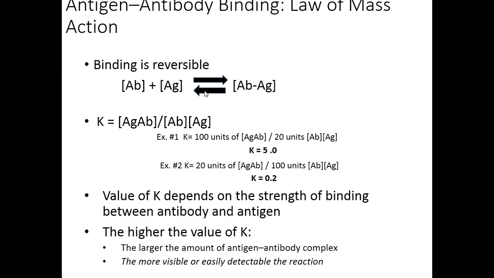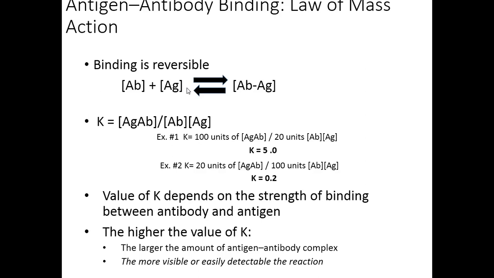However, because antigen-antibody binding is governed by this law of mass action, we're reminded that even though free reactants are in roughly equal parts to bound reactants, we have to factor in something else. We have to factor in the strength of the binding in determining the likelihood of this reaction dissociating. So it's not just the concentration of reactants, it's the concentration of reactants and the strength of the bonding.